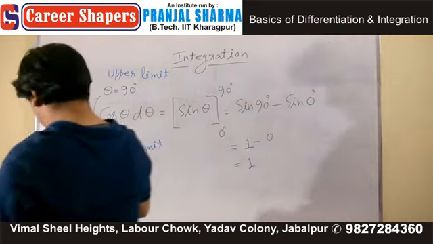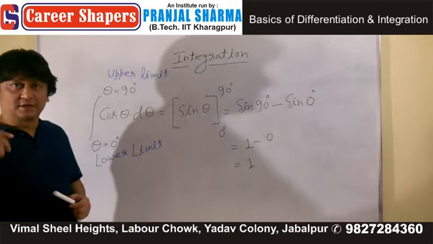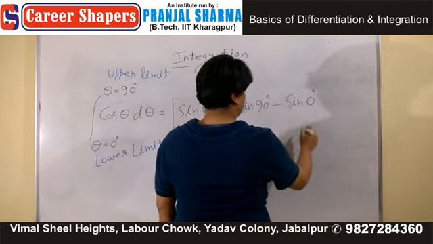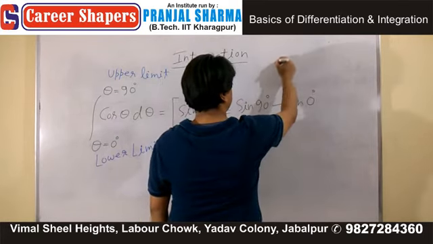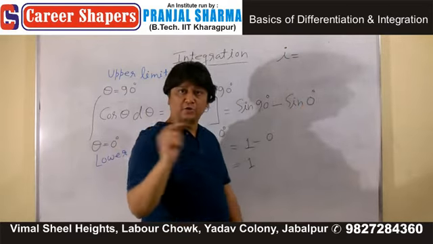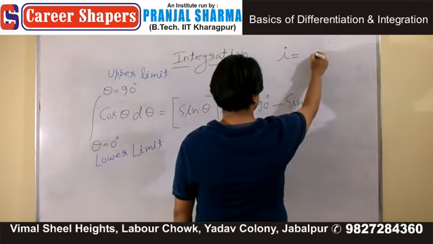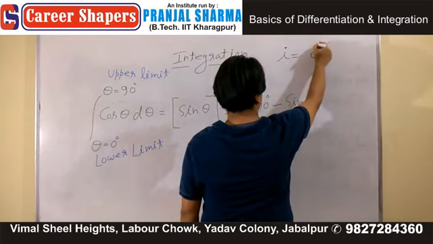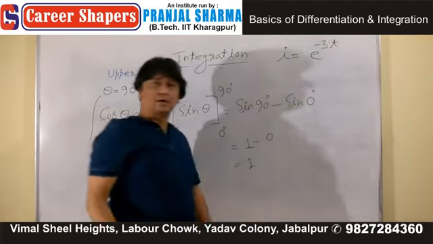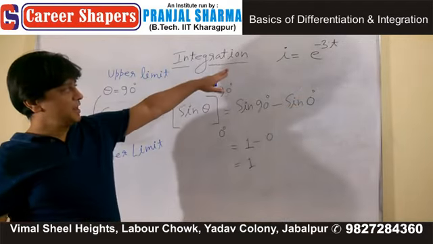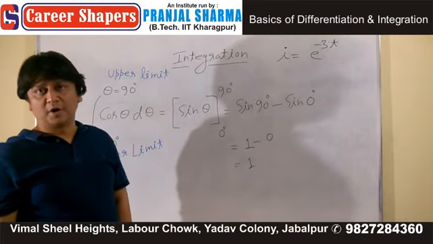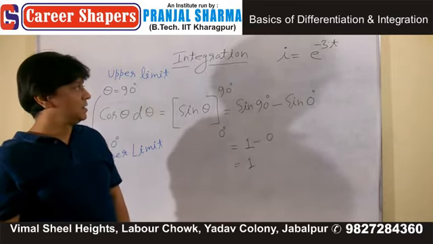Now, let's take an idea of the way questions are asked in physics. We have been given that the current I flowing through a resistor is given by e to the power minus 3t.